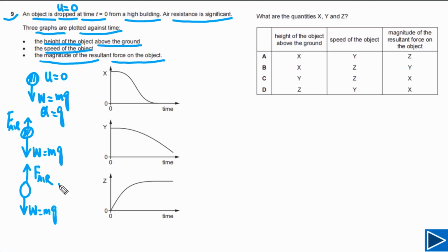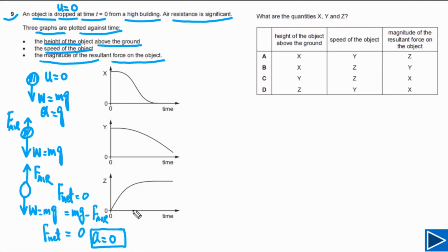So simply we can say at that moment F net is equal to 0, means when mg minus air resistance is equal to 0. So again I will write down F net here. When F net is 0, it also means that acceleration of the object is equal to 0. So this is a very important point.